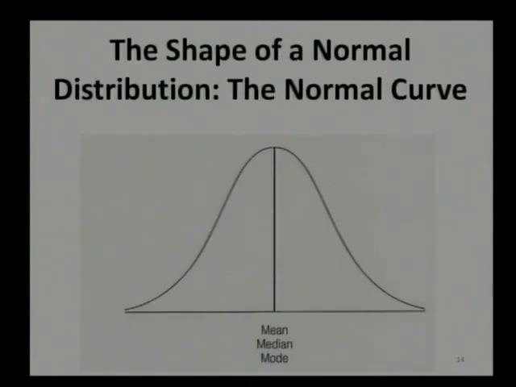From the pictorial view, it is clear that mean, median and mode are equal, the curve has a bell shape and is asymptotic to the x-axis, never touching it.